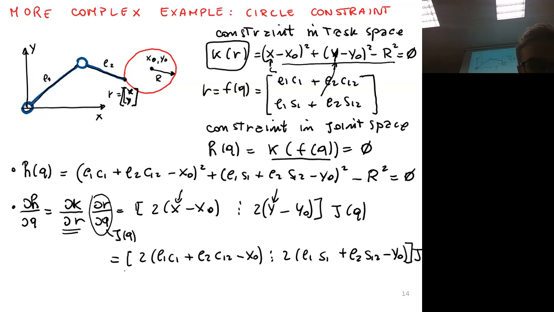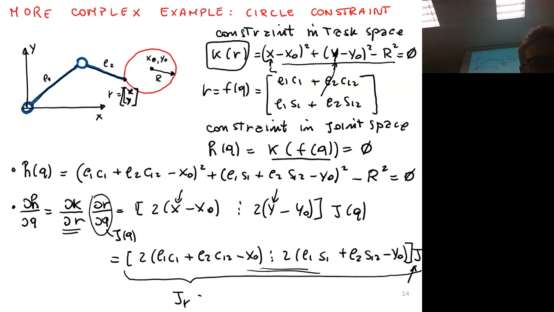So in essence, we get a new Jacobian, JR, that has in the first part some information on the contribution from the geometric constraint, which is the circle, and some other part which is our Jacobian.